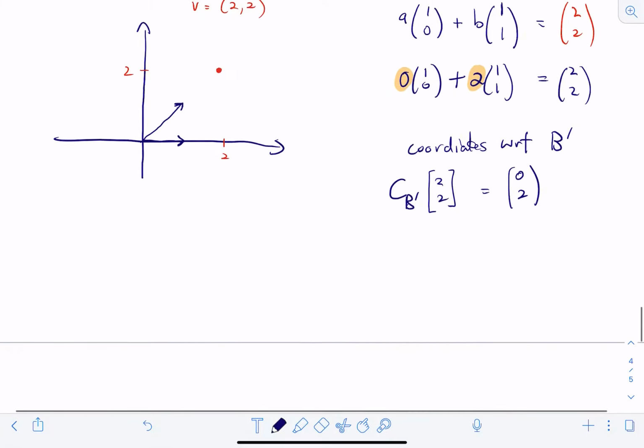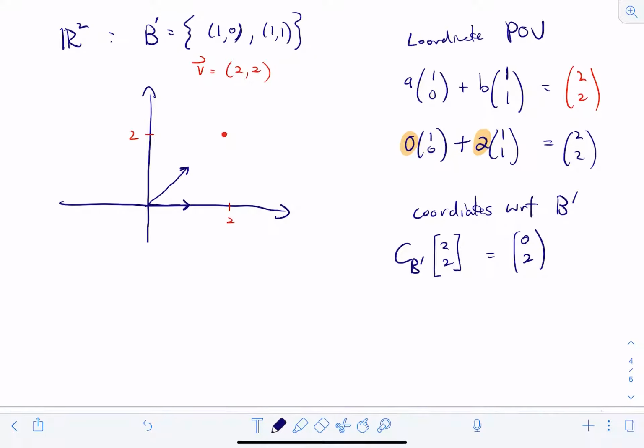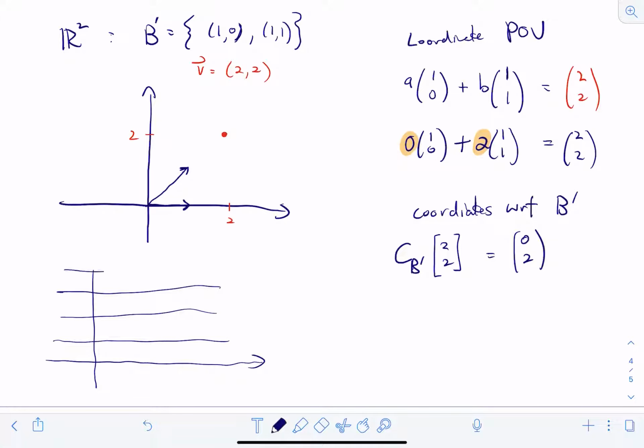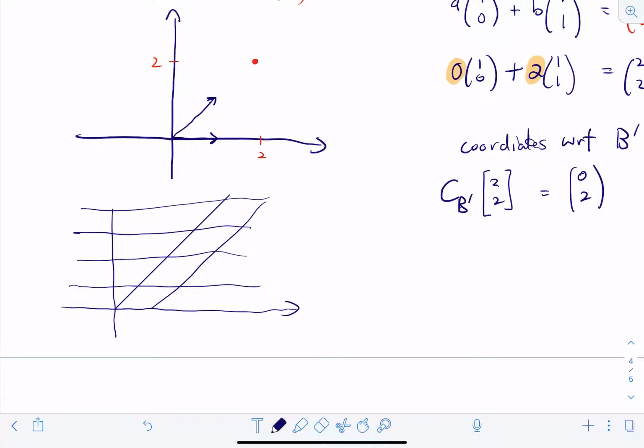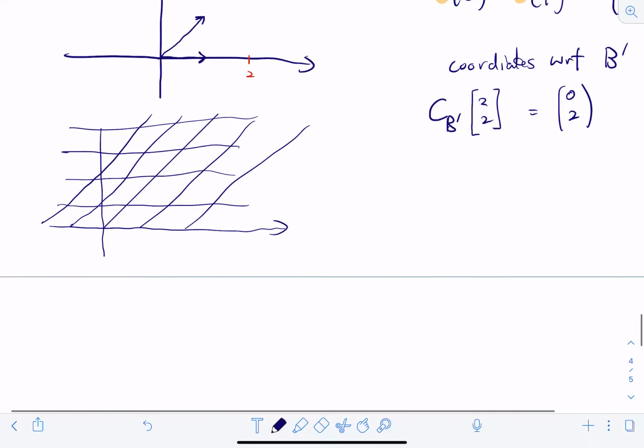If you were to look at what the graph paper for B prime would look like, you still have a whole bunch of horizontal lines that run parallel to the first basis vector, right? So you'd have like 1, 2, 3, 4, like this. But then the other axis would be at a 45-degree angle. So that's going to kind of look more like this. 1, 2, 3. So your graph paper with respect to B prime looks more like parallelograms than a square grid, right?